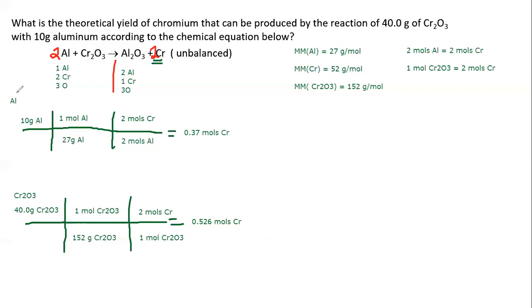So aluminum is the limiting reactant. So that means we can disregard everything about Cr2O3. Don't have to worry about that anymore. Disregard it. And now we can take the moles of chromium and convert them into mass of chromium.